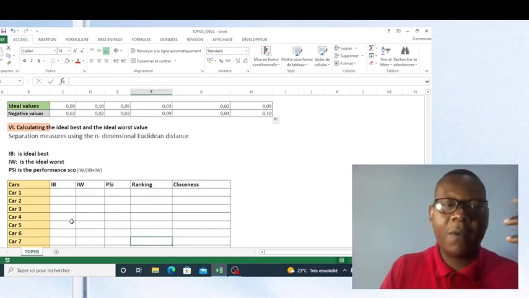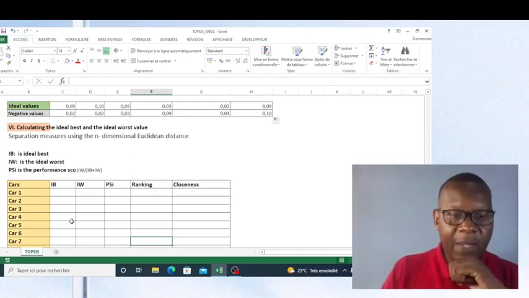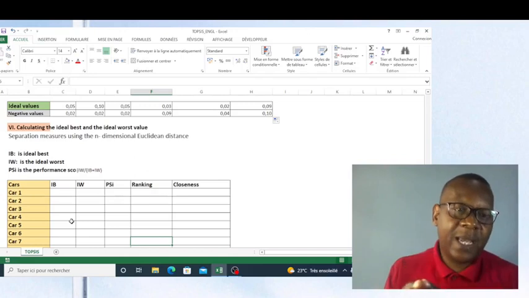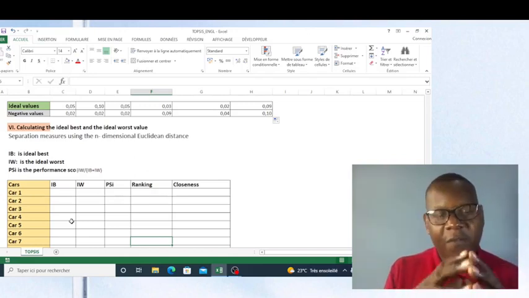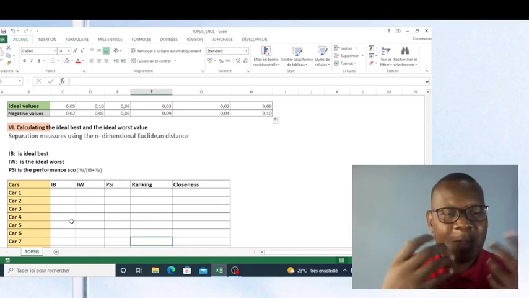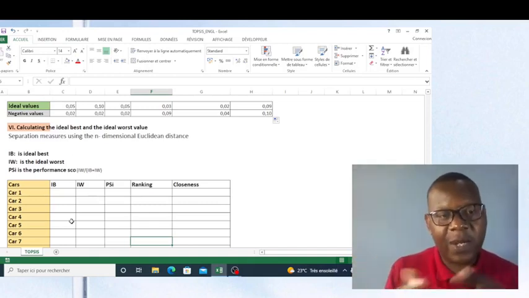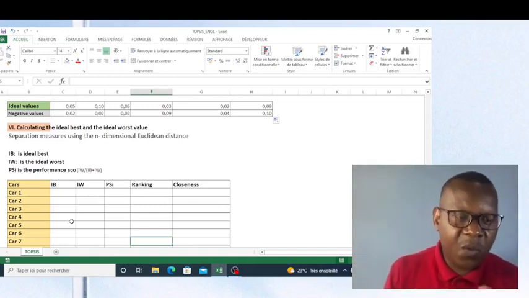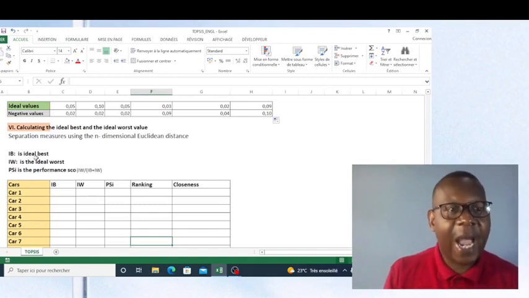That's why you have to be aware and pay so much attention to this step. And when you need the formula, search on the internet for the TOPSIS method, you will find a formula. I'm practical. I don't want to show you so much theory, but you need to understand what you are doing. Now, how will we find ideal best and ideal worst?